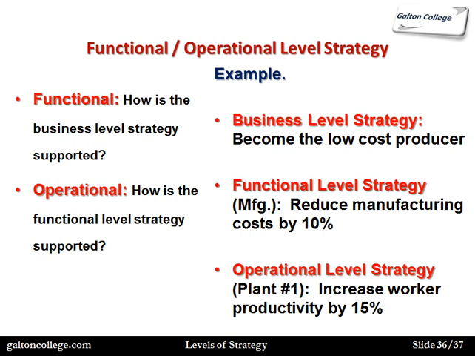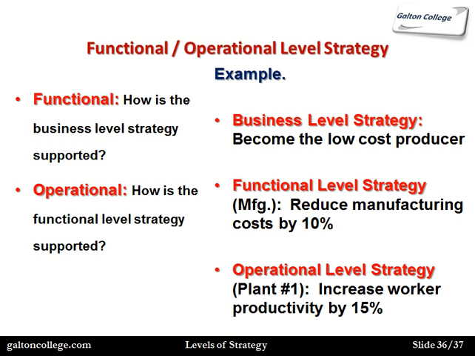So the functional level will be looking to make economies, looking to make savings on the way it produces the product, how it handles raw materials, how it configures the machinery, or how it delivers the product. It's looking to make savings which will contribute towards the business level strategy.